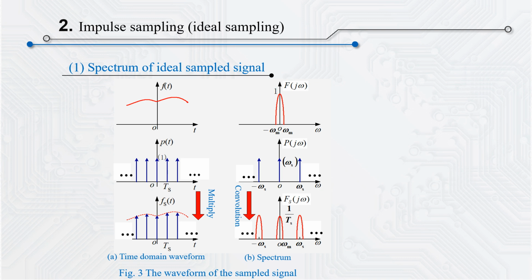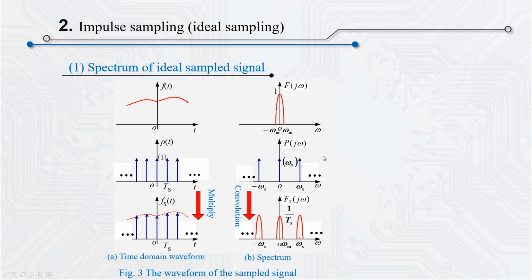Let's take a look at their time domain waveforms and frequency domain waveforms. In the time domain, after the signal f(t) is multiplied by the sampling pulse, we can get a waveform of its sampled signal fs(t) in the time domain. The product in time domain corresponds to the convolution in frequency domain. Suppose this is the spectrum of the original signal.